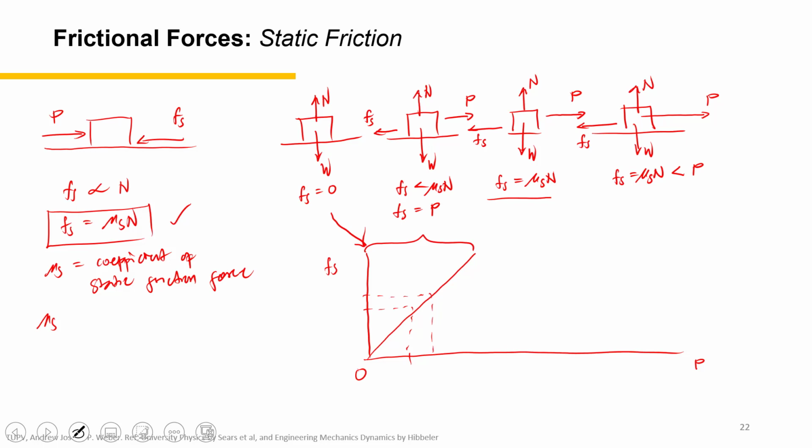But when you try to increase the value of P, but still less than the maximum value of Fs, you might work within this area. It is still not enough to move the object, but of course the value of Fs adjusts to the value of P. But when you try to further increase the value of P such that you exceed the maximum value of Fs, then you are now at the impending motion.